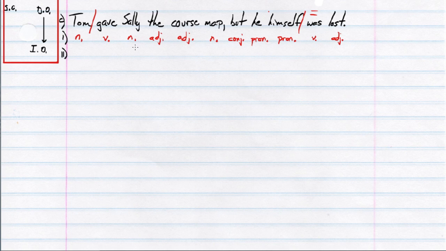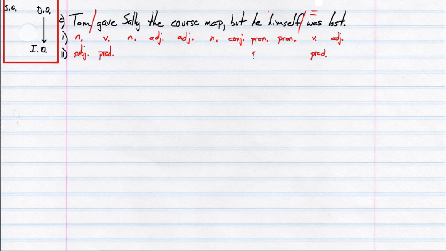All right, so level 2. Well, I can drop down my preds right beneath the verb. All right, and now I got to figure out what's doing each of these predicates. So who gave? Tom gave, so that's going to be my subject. It's who we're talking about. Okay, and who was lost?